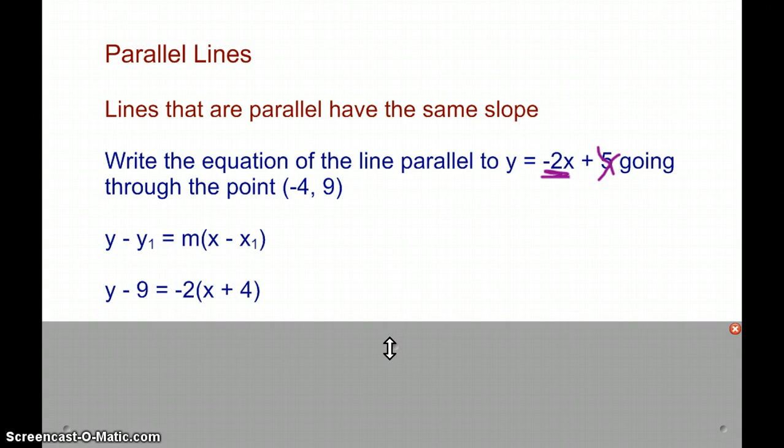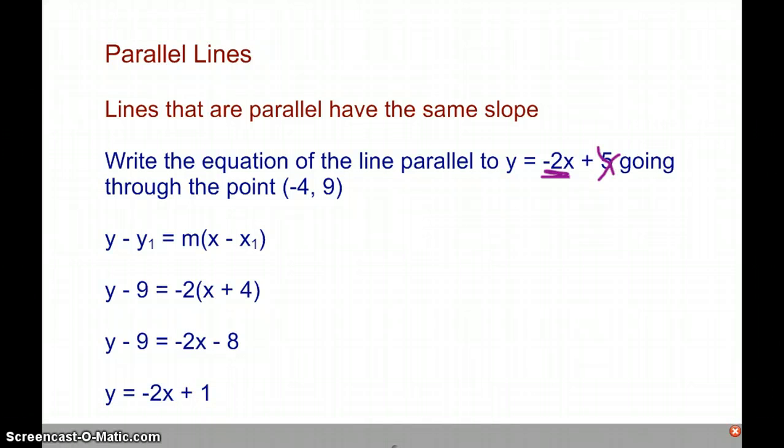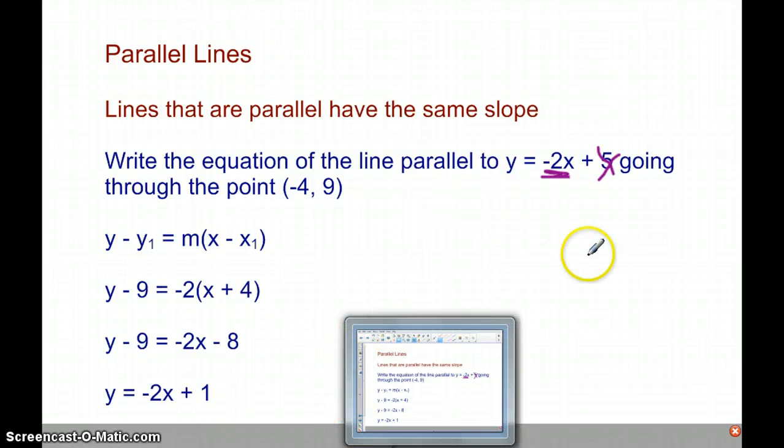y minus 9, that's the y value in our point, equals negative 2. That's our slope that we stole from the other line because we know they're parallel. They must have the same slope. And our plus 4 comes from the negative 4 for our x value. Now, the rest of this is exactly like yesterday. We plug in, we distribute, and we solve, giving us our equation y equals negative 2x plus 1.